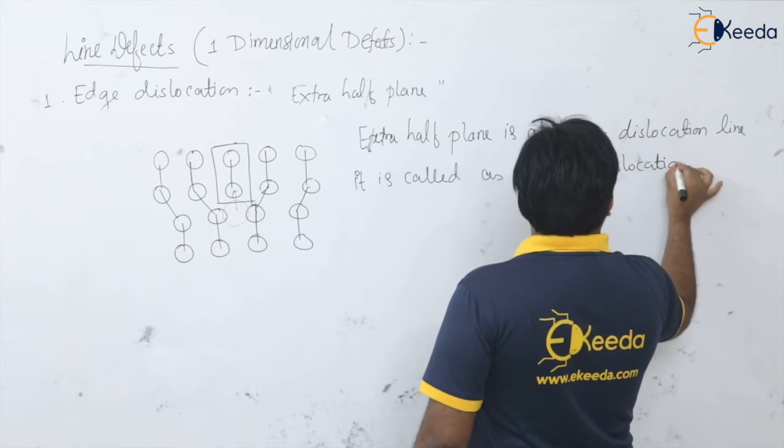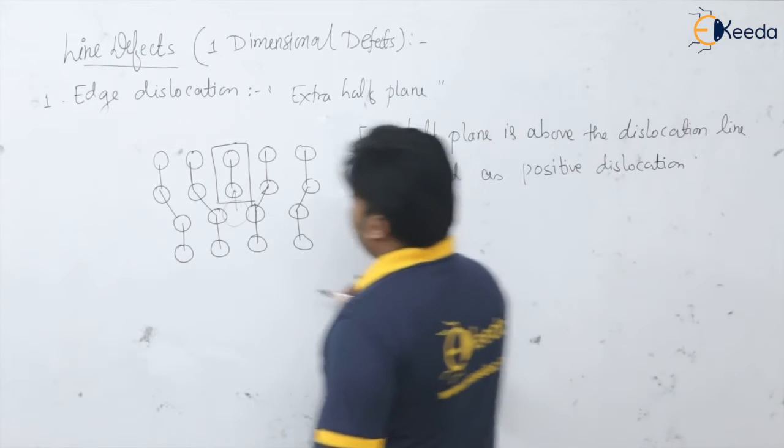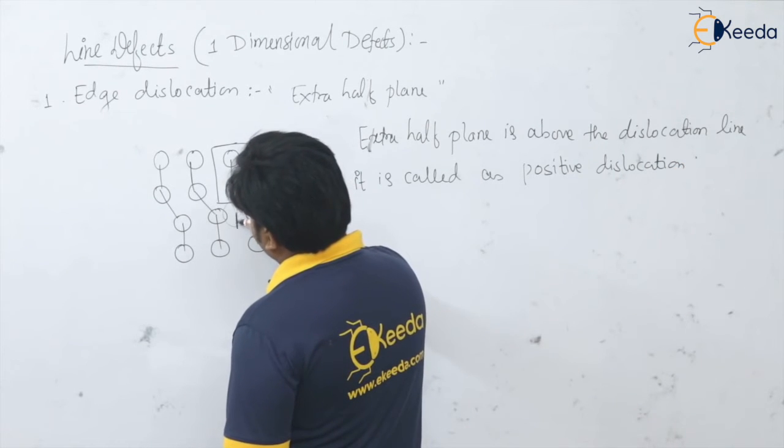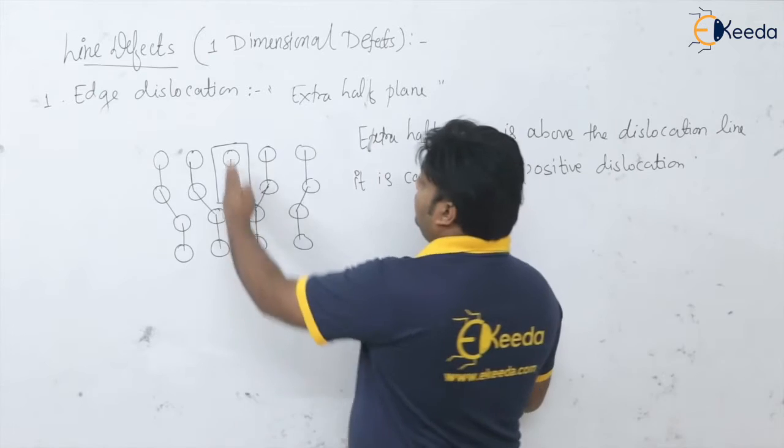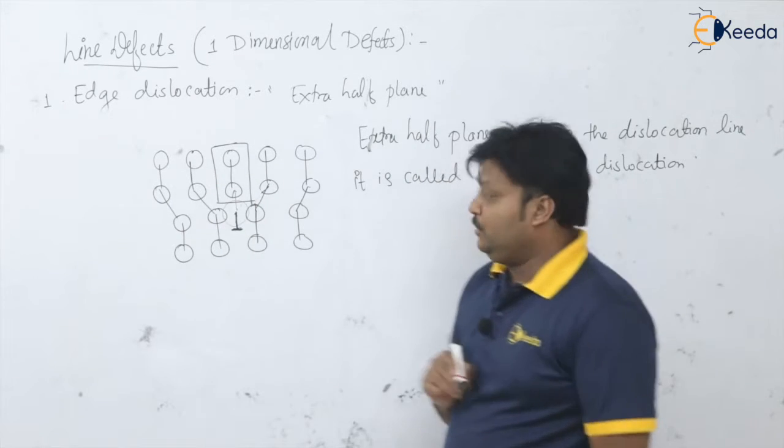And how is this positive dislocation represented? By this inverted T. This line is showing where the dislocation is, isn't it? So this is the positive dislocation.